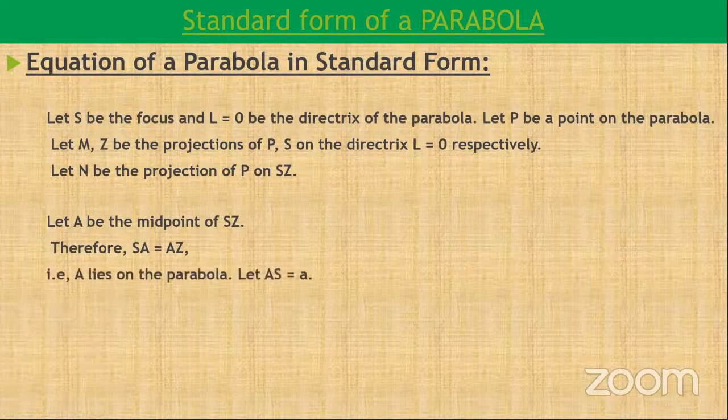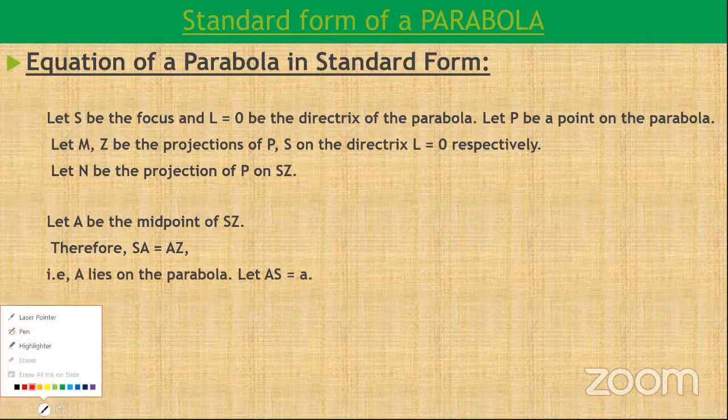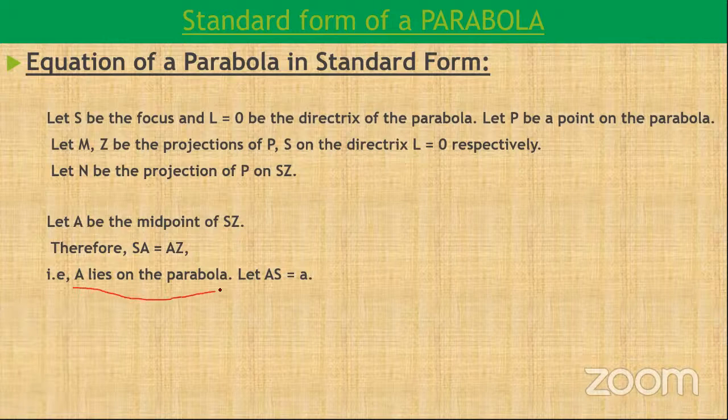Then A lies on the parabola. Why does A lie on the parabola, children? A lies on the parabola because it follows the condition that the distance of A from S is equal to the distance of A from the directrix. AZ is the perpendicular distance of A from the directrix. SA is the distance of A from the focus.